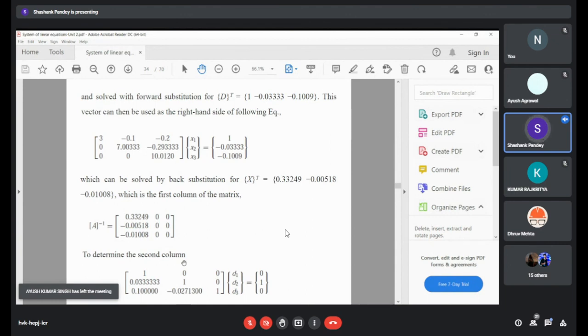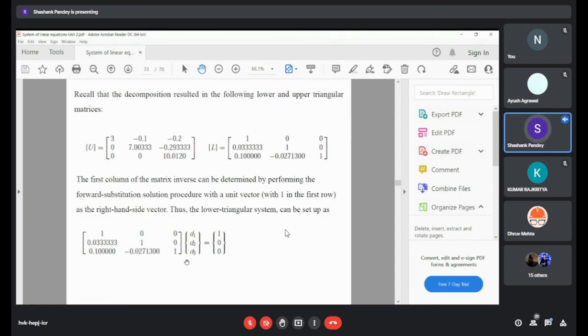Now I want to calculate the second column of the inverse of matrix A. You suggest what I should do. Multiplying L with P1, P2, P3 equals 0, 1, 0, from there I will get the values of P1, P2 and P3.